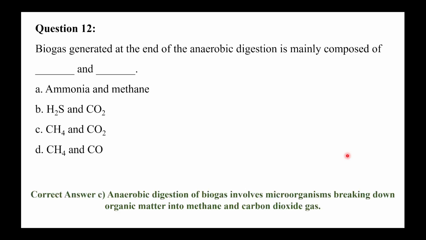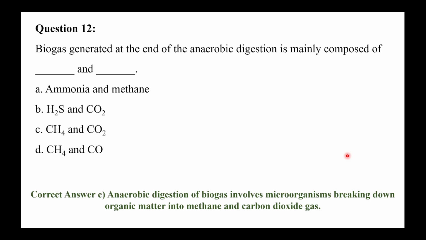So, if you remember the process of methanogenesis, that was generating this methane and carbon dioxide, right? These two gases that are formed at the end of that methanogenesis process are called biogas. And methanogens generally reside in the gut of certain ruminant animals, like cows and buffaloes, all the cattle mainly.